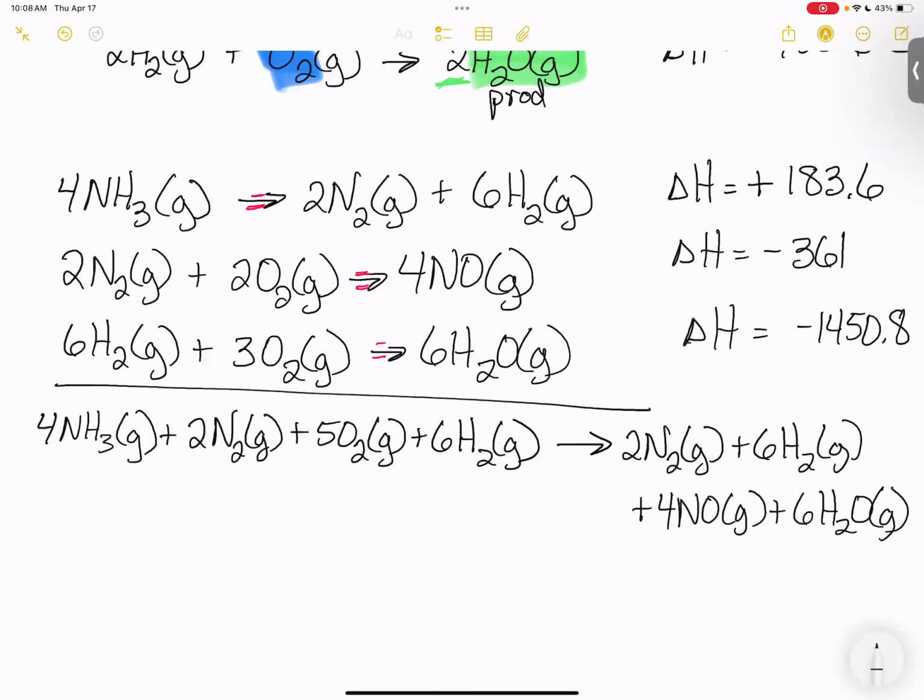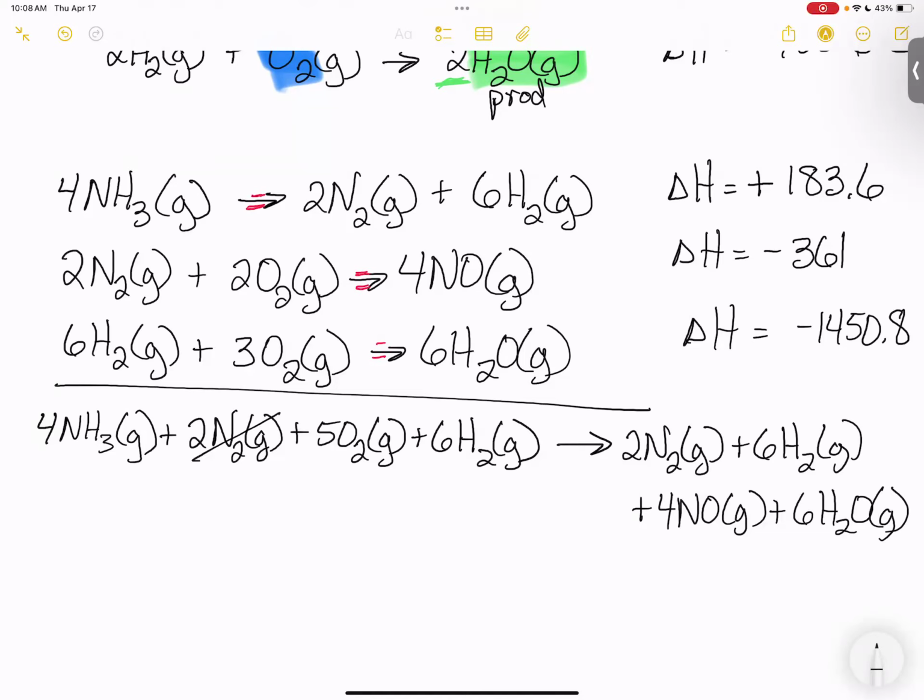Now that I have added it all up, left-hand side stayed on the left-hand side, the right-hand side stayed on the right-hand side. Now, I'm going to cancel out anything that appears on both sides. Just like we did with the complete to net ionic, we got rid of the spectators. We're going to get rid of the things that appear on both sides.